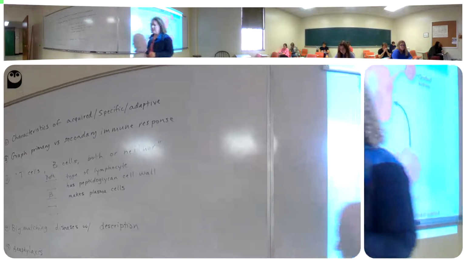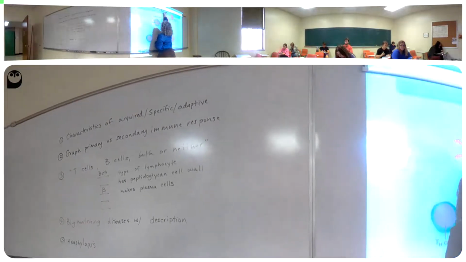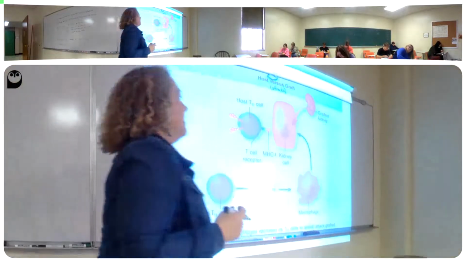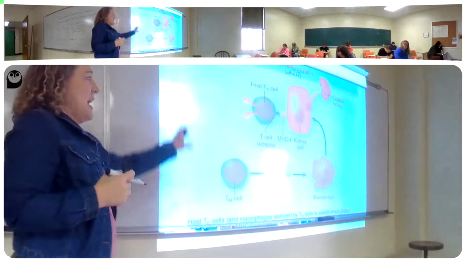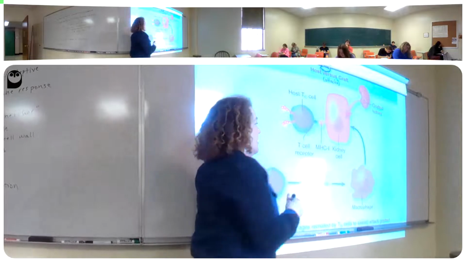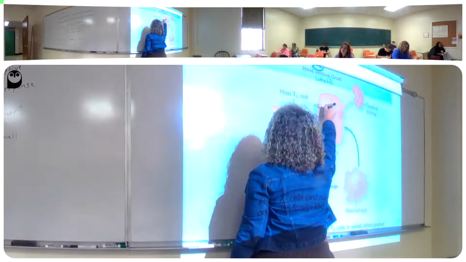And this cartoon is about that situation. So host versus graft, or host attacks graft. And when that happens, it's the host cytotoxic T cells that determine that this is foreign.